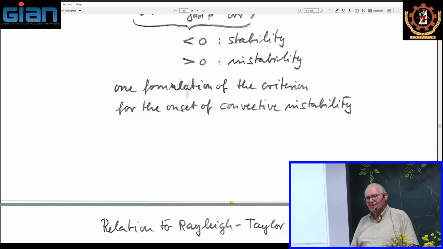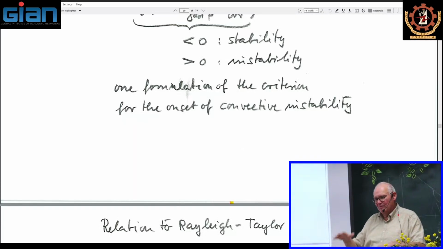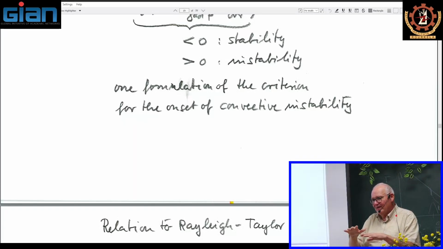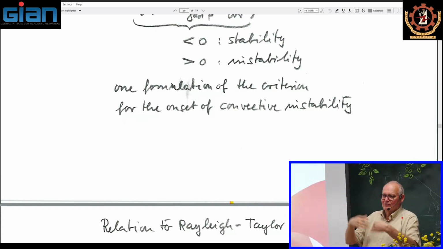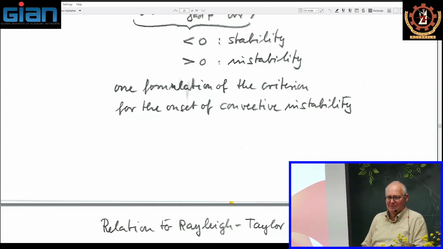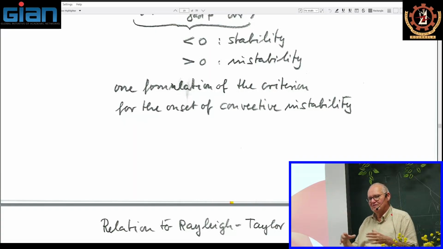If you have oil and try to put water very carefully on top of it, then if you perturb it a little bit, water will go down and the oil will come up. This is Rayleigh-Taylor instability. It's stable only if the denser fluid is at the bottom and the less dense fluid is on top.